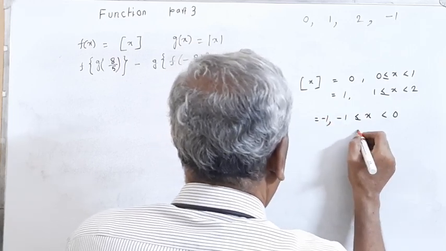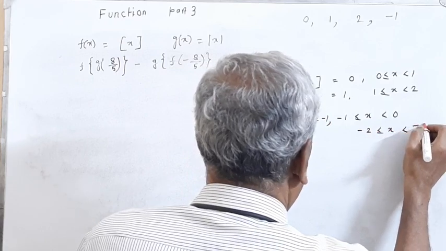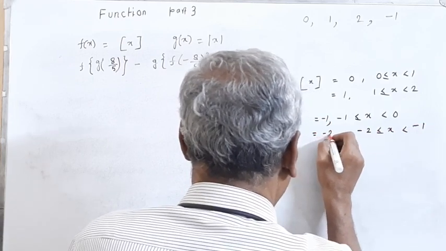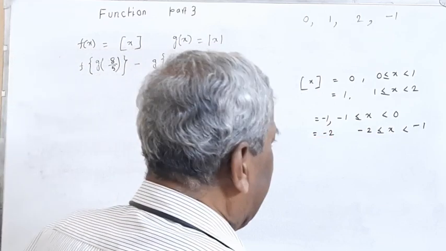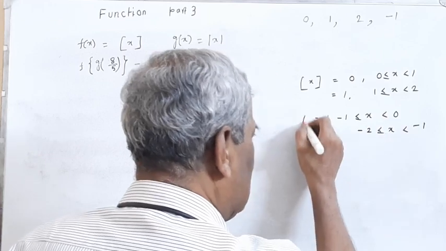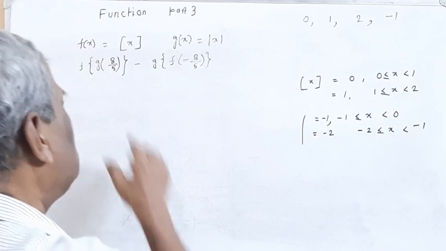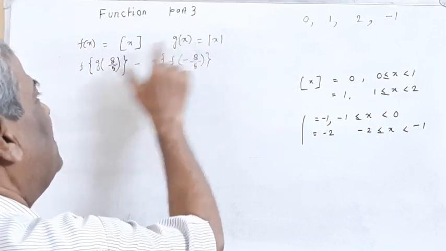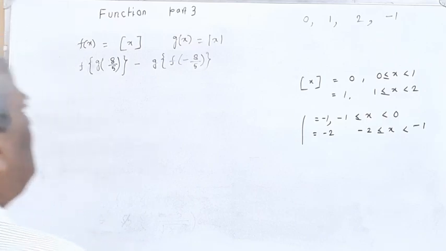If minus 2 less than or equal to x less than minus 1, then it is equal to minus 2. That is the case if x is negative. So with this information, this problem can be solved very easily.